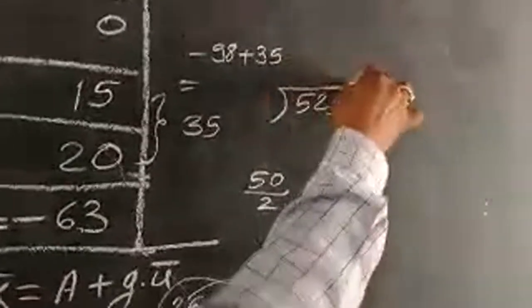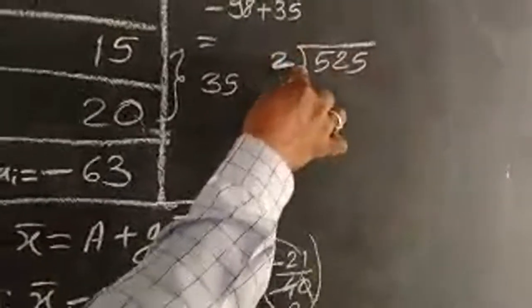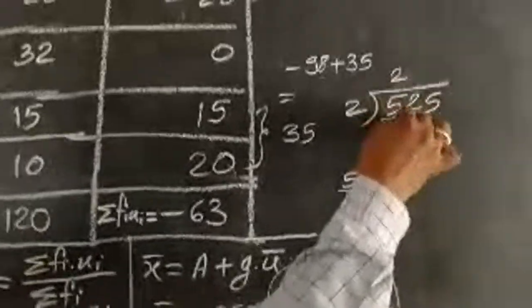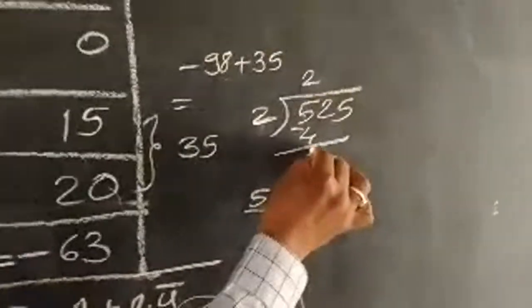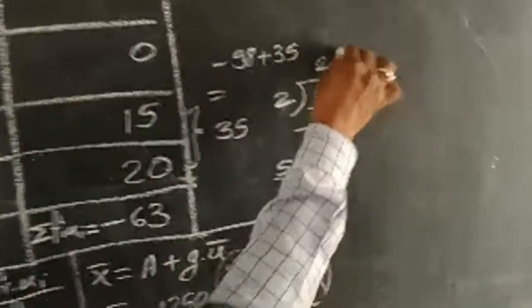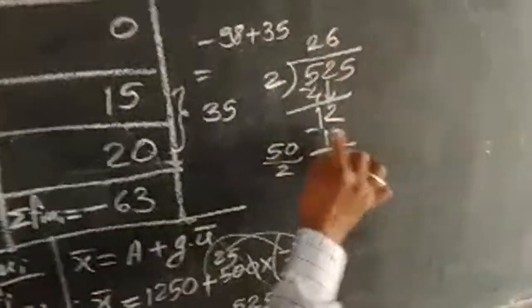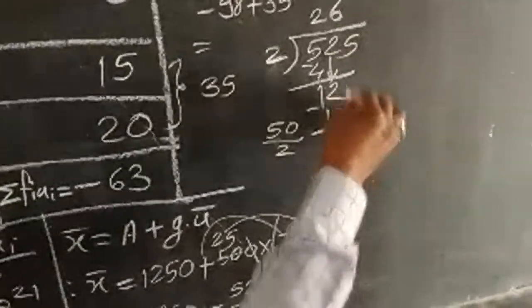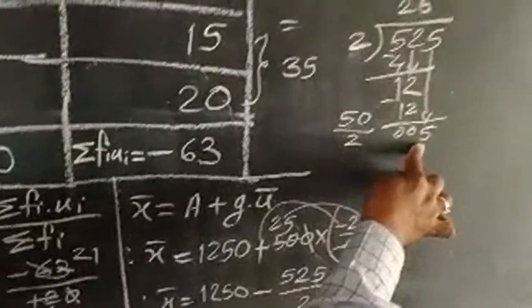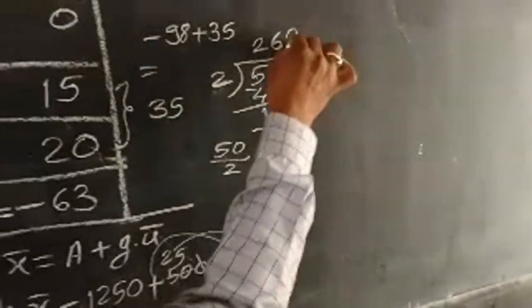525 and dividing by 2. 2 2s are 4. 5 minus 4, carry on 2. 2 6s are 12, subtraction is 0. Carry on 5. 2 2s are 4.